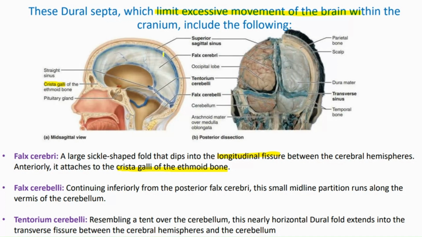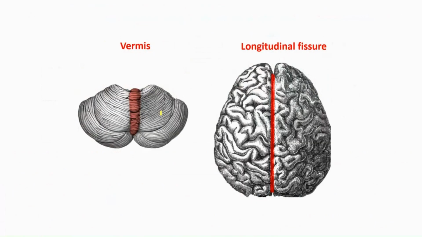As it moves backwards, this is the falx cerebri, we will reach the cerebellum. At the cerebellum, the dura mater will continue, but it will have another name. It will be the falx cerebelli, pertaining to the cerebellum. As it ends here, it continues as the falx cerebelli, which lies between the two hemispheres of the cerebellum. This is the cerebellum.